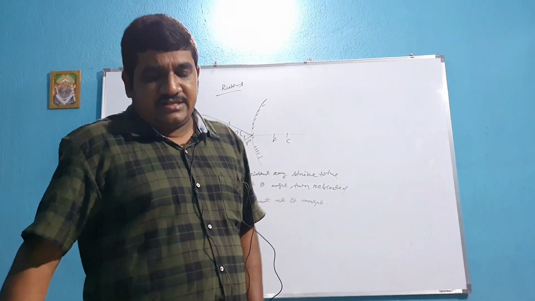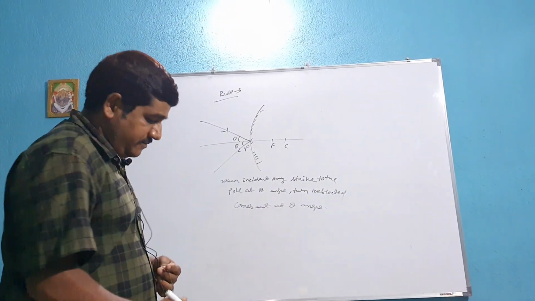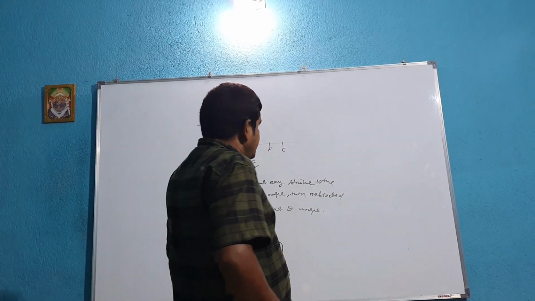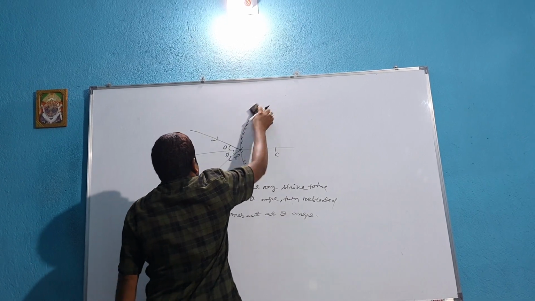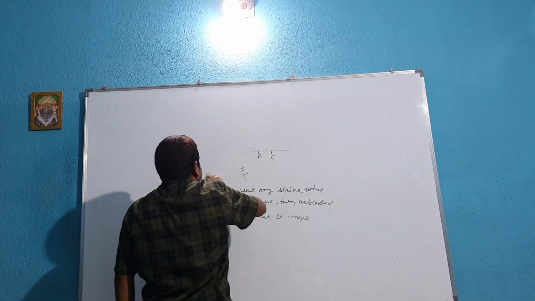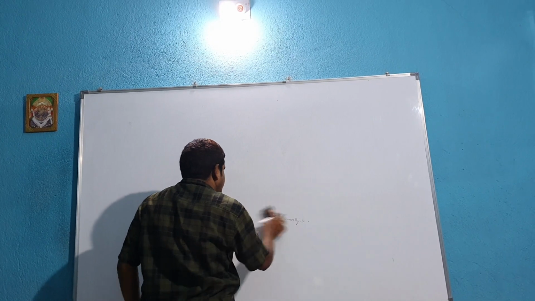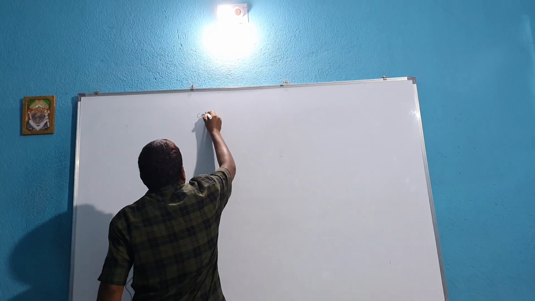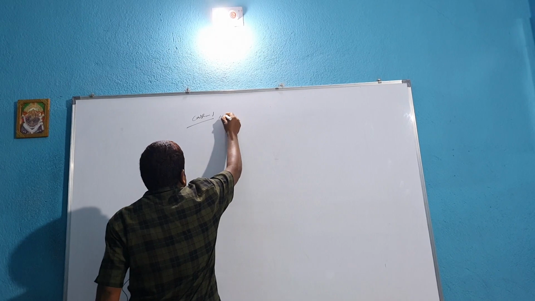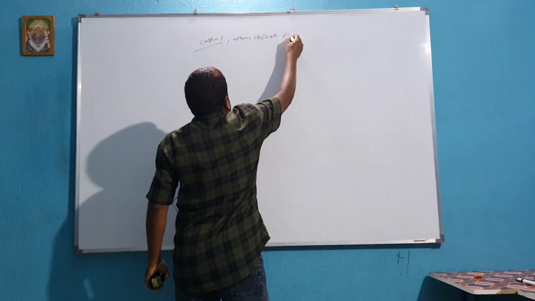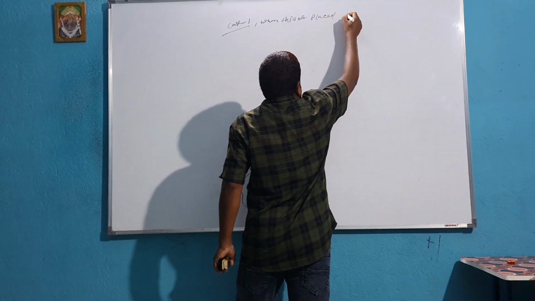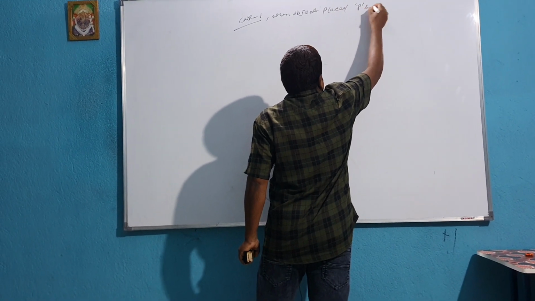There are only 2 cases in the case of a convex mirror. First, let us discuss case 1. Case 1, when the object is placed at infinity.